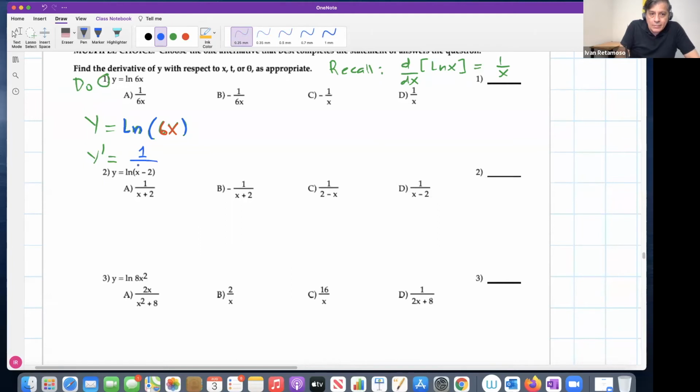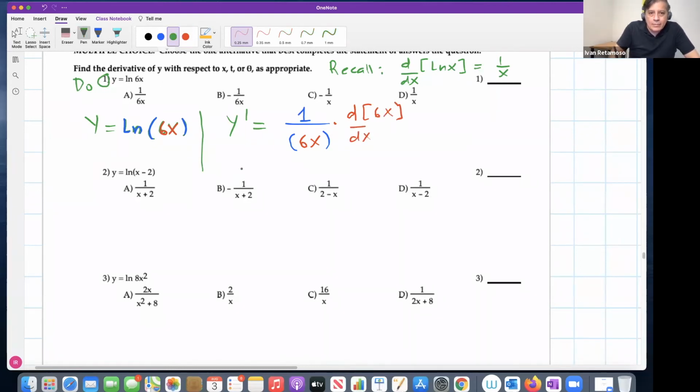So we should write it here so nobody gets confused. The derivative is equal to what? Derivative of the outside function, 1 over the argument of the log, 6x, the inside function, times the derivative of 6x with respect to x.